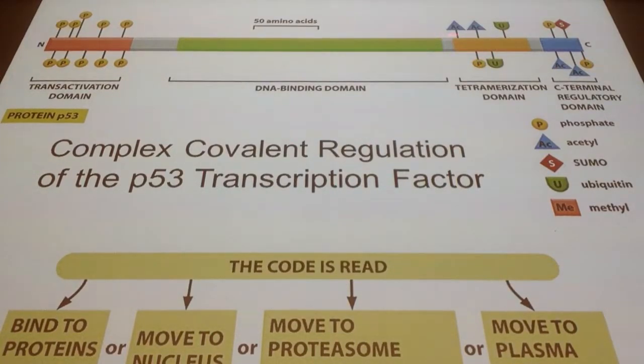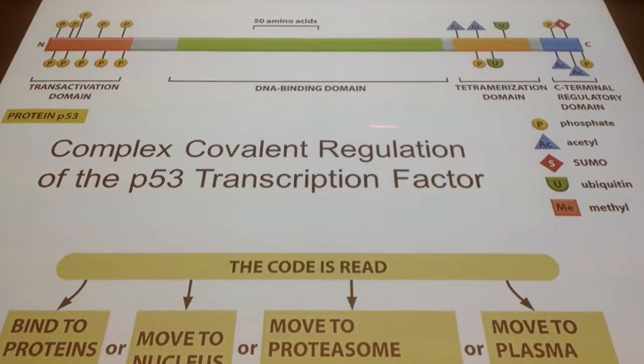And acetylation can occur, ubiquitination can occur, right? And when we talk about covalent modification, it has to be done at very specific areas within the protein to form what? To form a pattern of covalent modification. That word again, pattern, right?